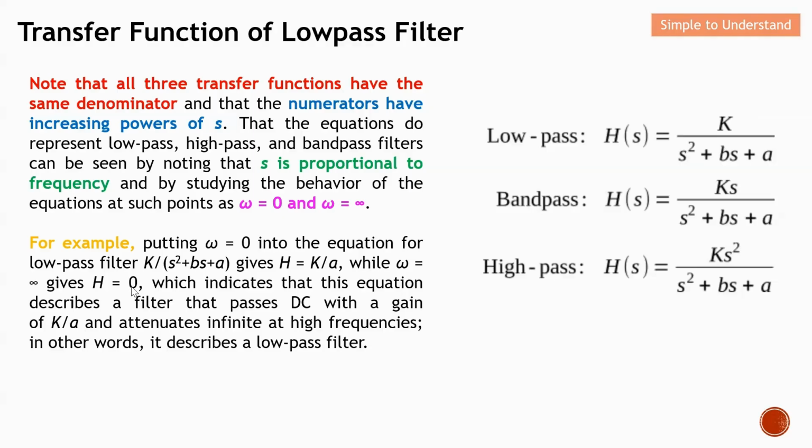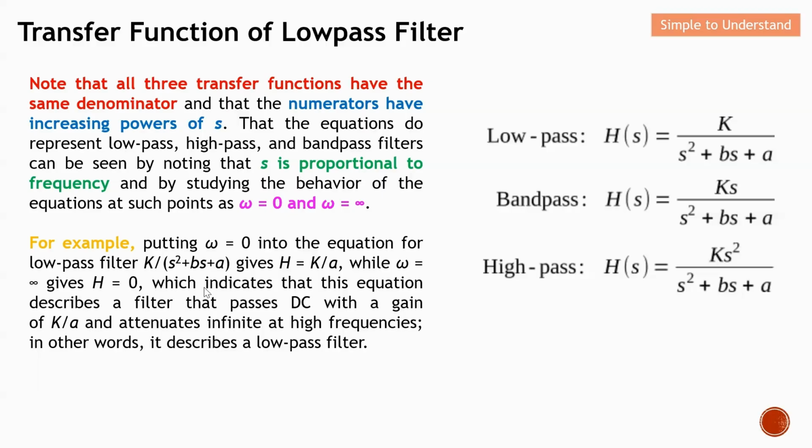So what does this imply? This implies that at very low frequency, basically when close to DC, the transfer function has some value, which is K over A over here. While for high frequency, when omega is equal to infinity, this in fact gives H equals 0, which means that nothing can be passed.